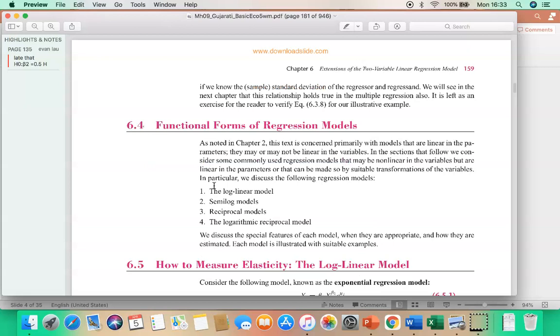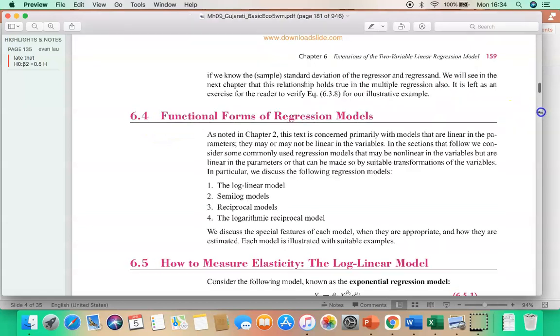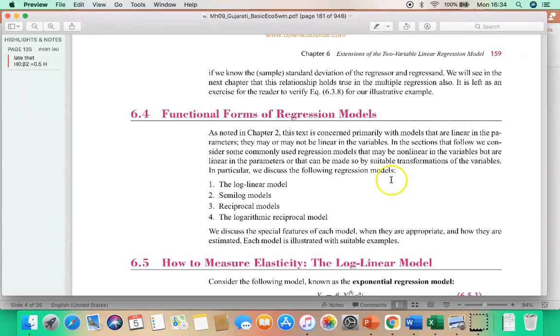If you see this Gujarati and Porter, which is under chapter number 6, this is the functional form that is mentioned, especially for this particular chapter. We're going to focus on the examples given here: the log linear, and the semi-log, which is also considered log linear.